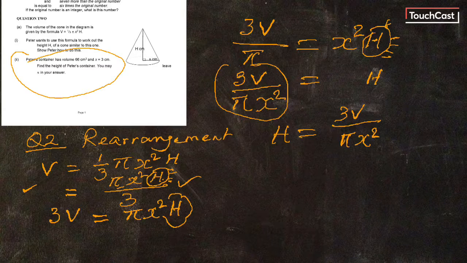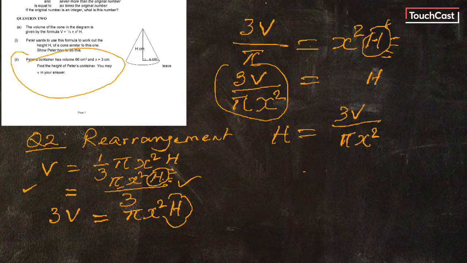Now, one other thing, if we want to get the numerical value: find the height of Peter's container when x is 3 and the volume is 66.